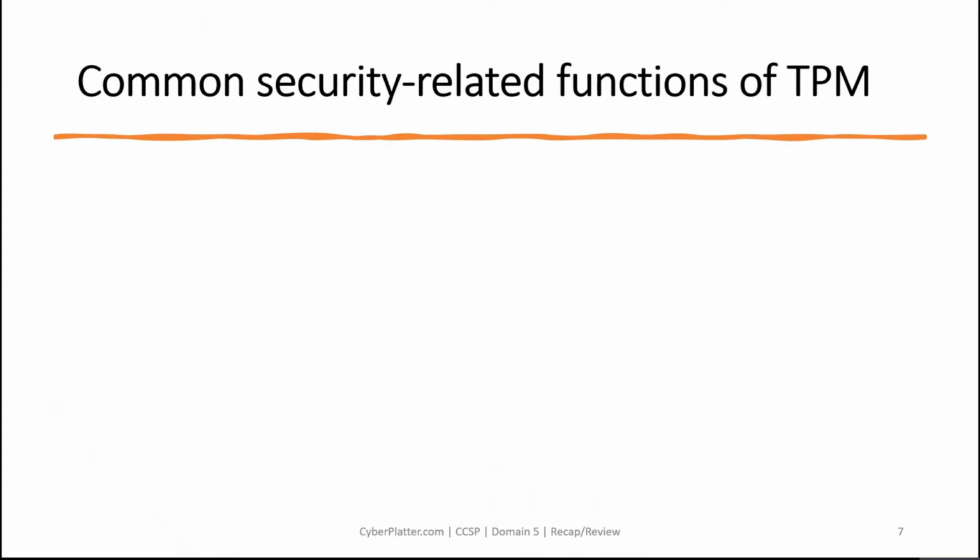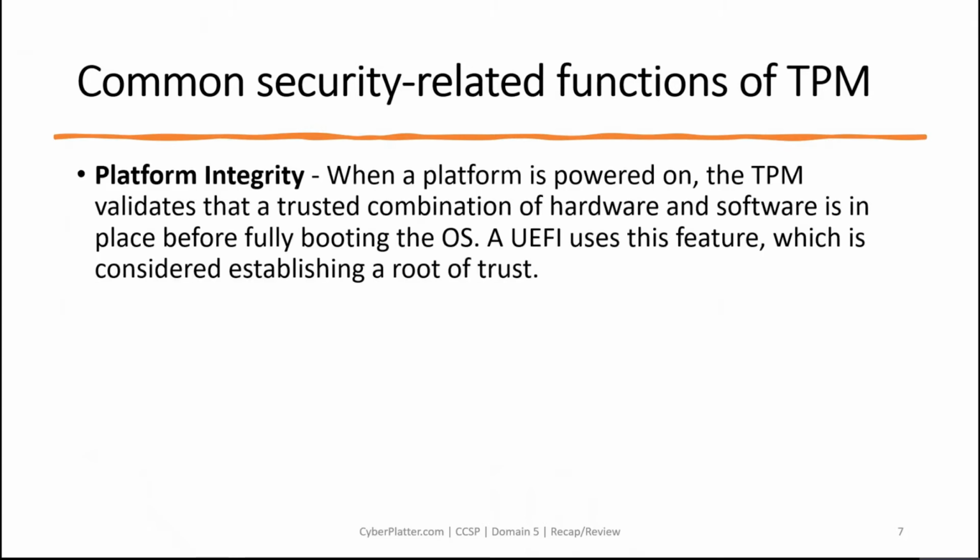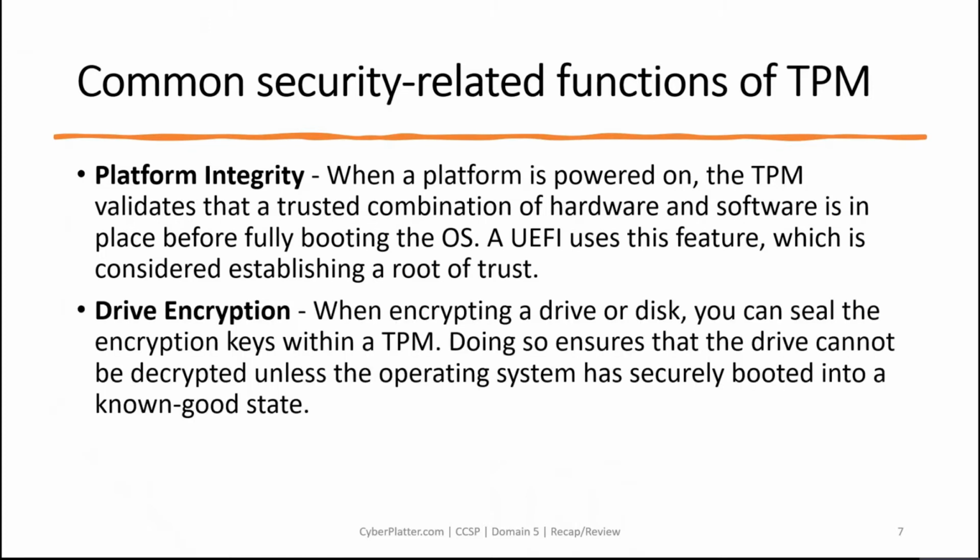Common security-related functions of TPM. Platform integrity: when a platform is powered on, the TPM validates that a trusted combination of hardware and software is in place before fully booting the OS. UEFI uses this feature, which is considered establishing a root of trust.